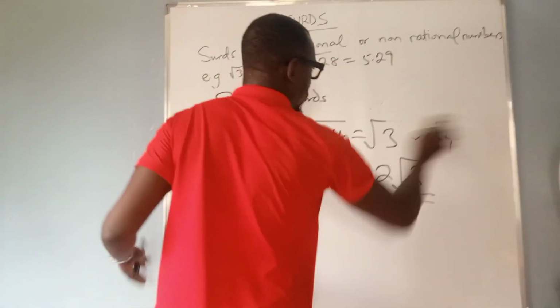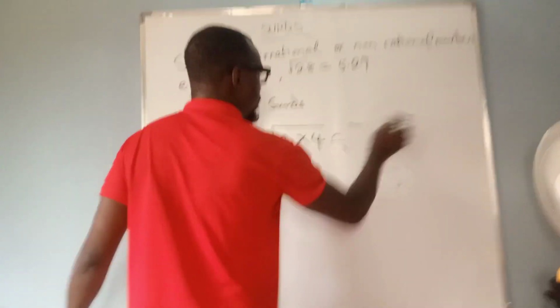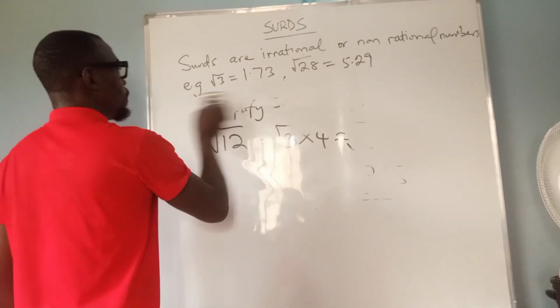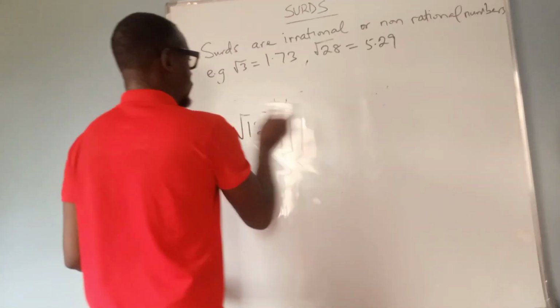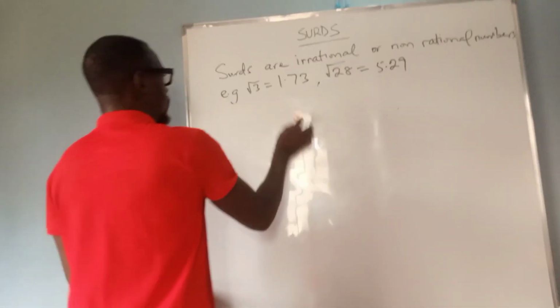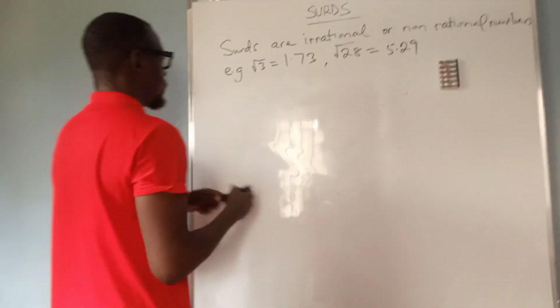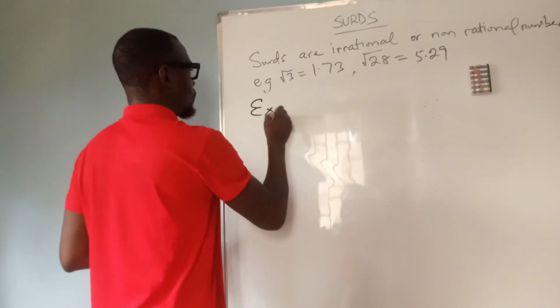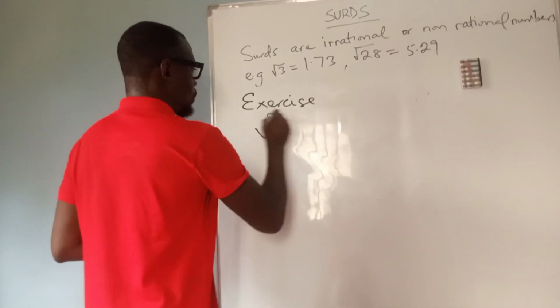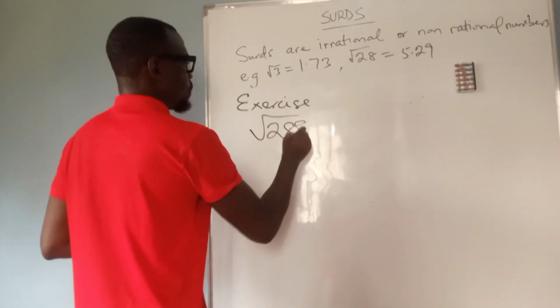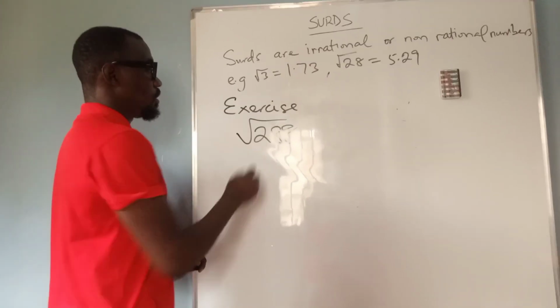So now let me give you the exercise that we are going to do together. We are going to solve the exercise together. Let's assume you are asked to simplify this surd.